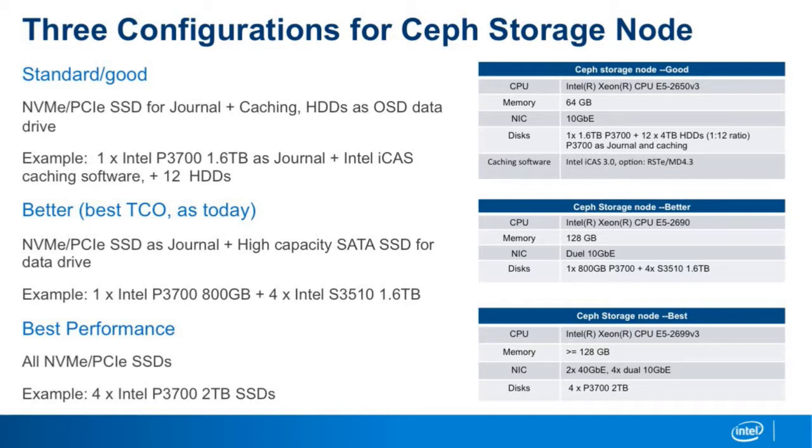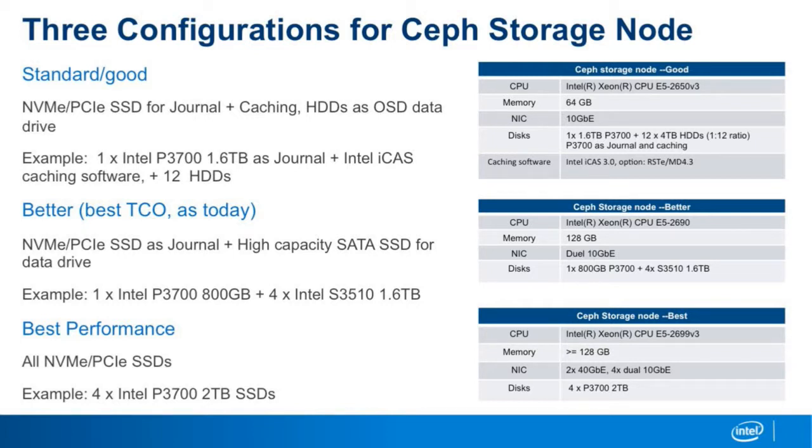The second and third ones are all-flash solutions. For the second one, we use one PCIe SSD as journal, which is fast, with 4 SATA SSDs of large capacity, like 1.6 terabytes, at a 1 to 4 or 1 to 5 ratio.